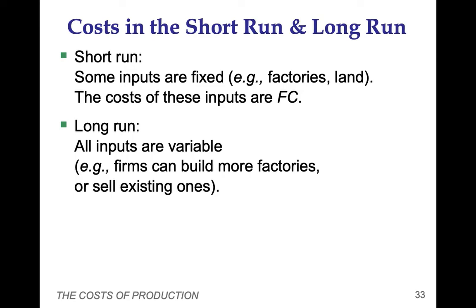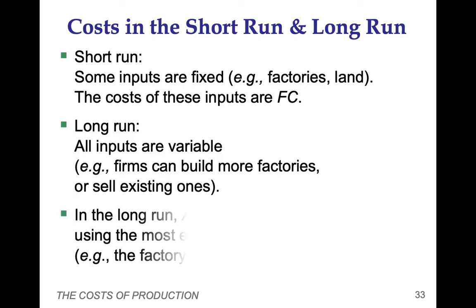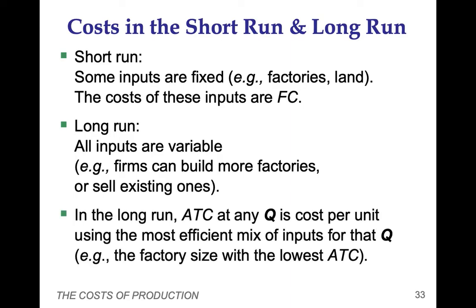So the fixed costs of the short run will become variable in the long run. So in the long run, all costs become variable. In the long run, average total cost at any Q is cost per unit using the most efficient mix of inputs for that Q.